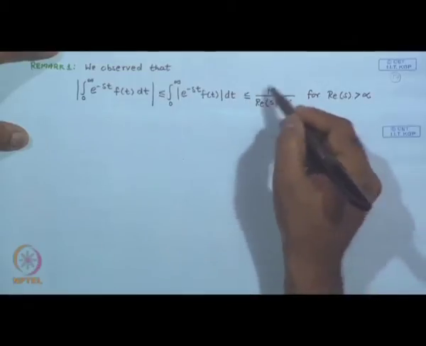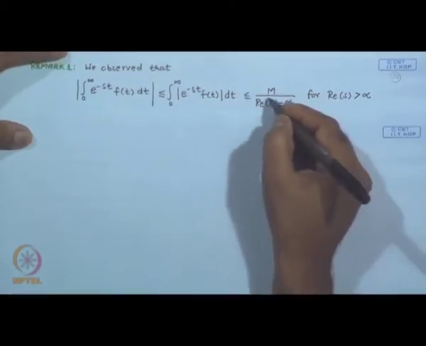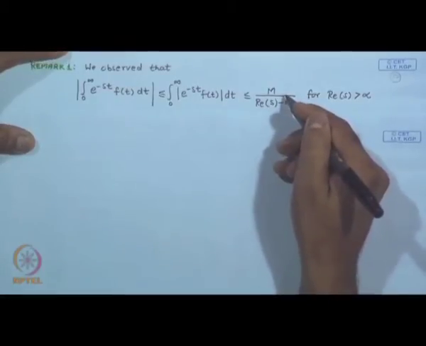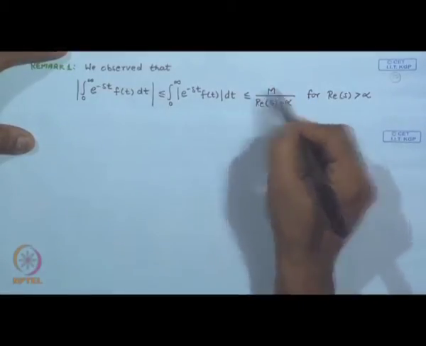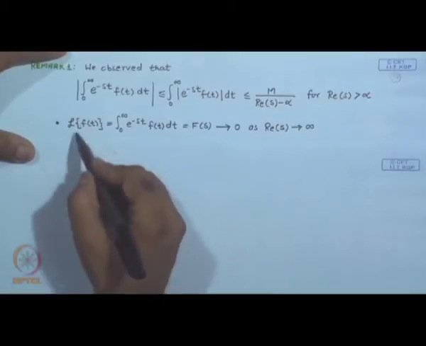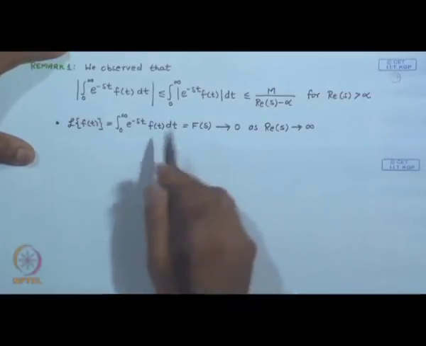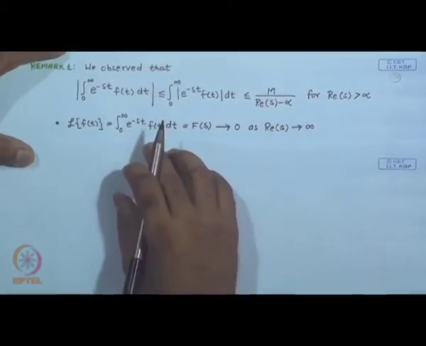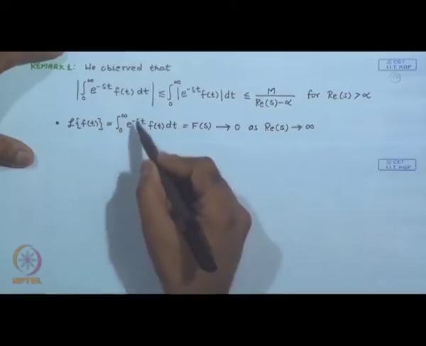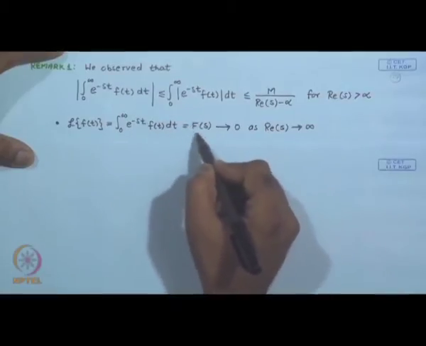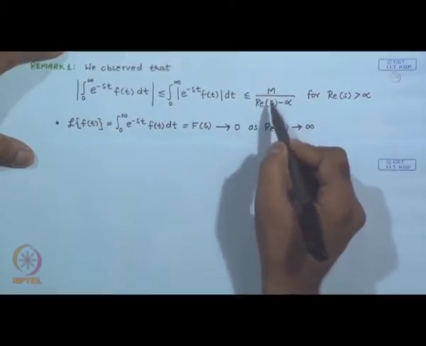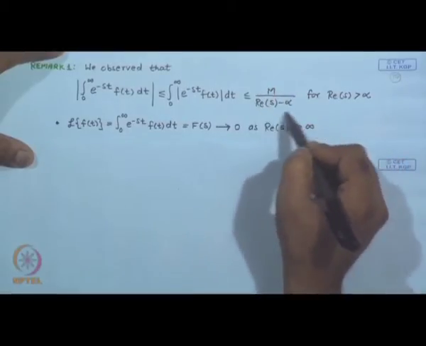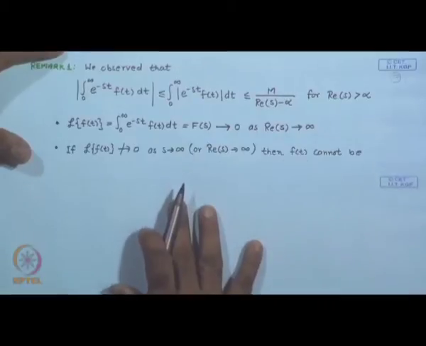What is interesting to see here is that if we let this real s go to infinity, then what will happen? This will go to 0. So, the Laplace transform of any function which is piecewise continuous and of exponential order, the integral of e power minus s t f t dt, which we denote by F s, will go to 0 as real s goes to infinity, because this term will go to 0.